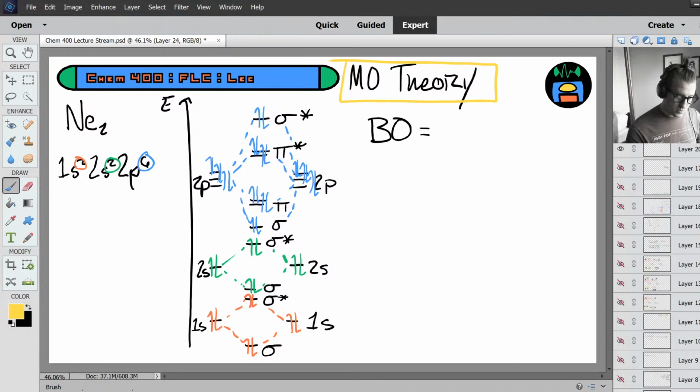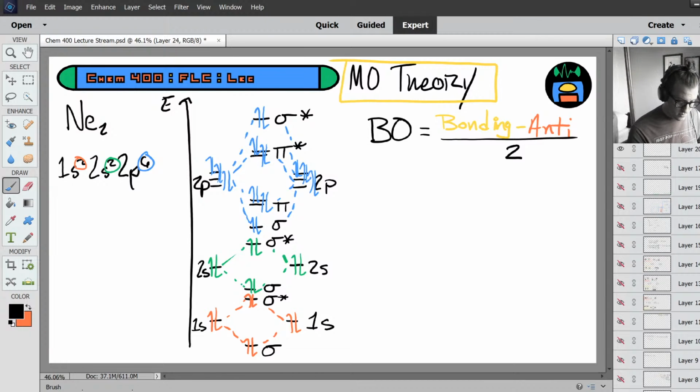Remembering that bond order is equal to bonding electrons minus antibonding electrons, divided by 2.